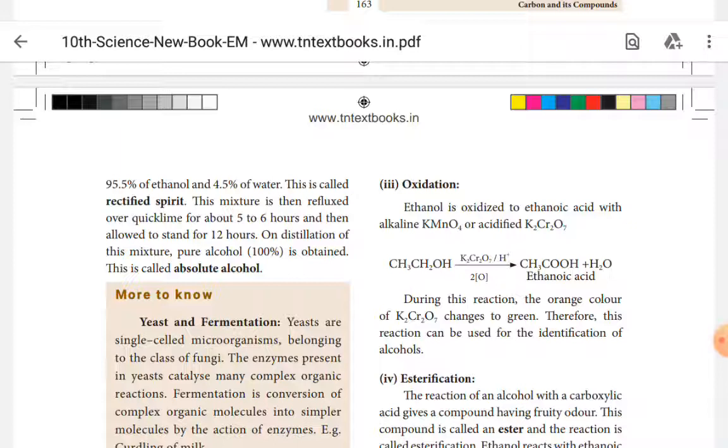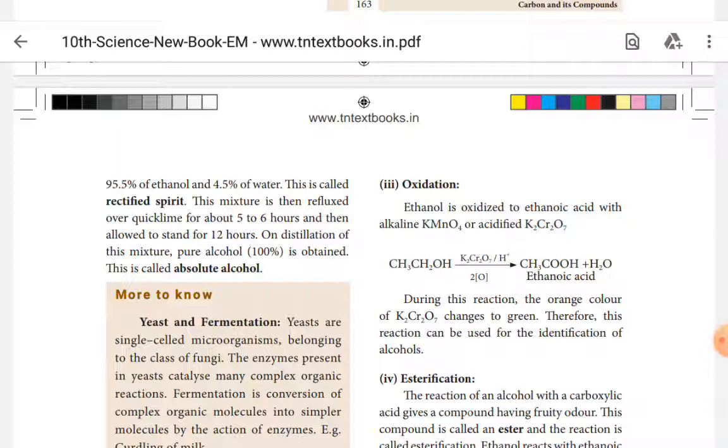So the second step is reflux over quicklime, calcium oxide, for about 5 to 6 hours. The calcium oxide absorbs the moisture present in the rectified spirit, that is, the 4.5% water content is absorbed by the quicklime.